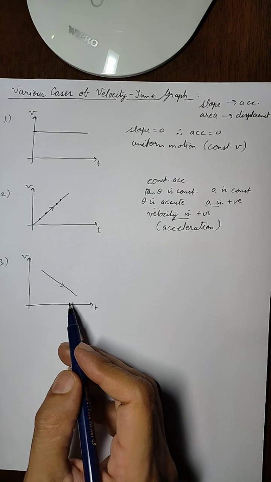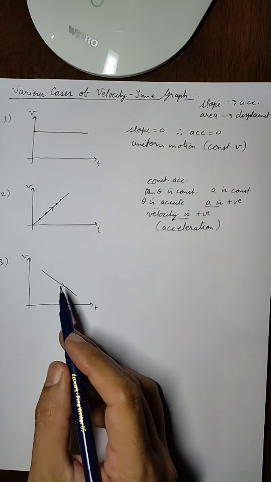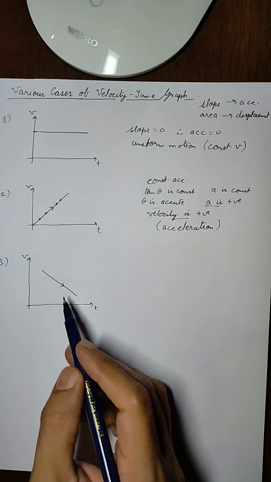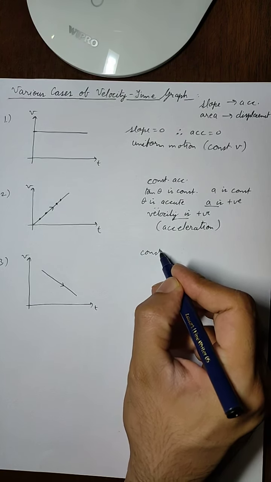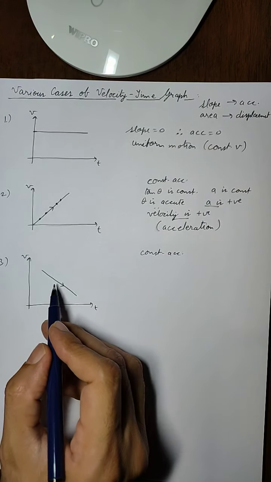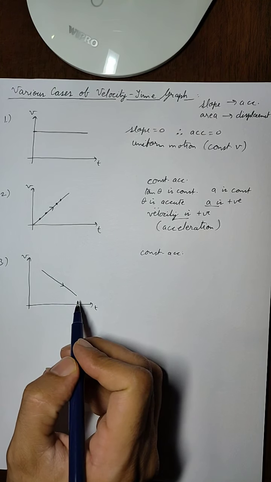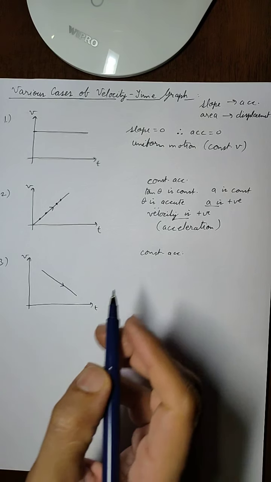Now coming to the next graph, here this is also a straight line, the slope is not changing, so this is again a case of constant acceleration. But here we can see that the slope is making an obtuse angle, theta will be obtuse.